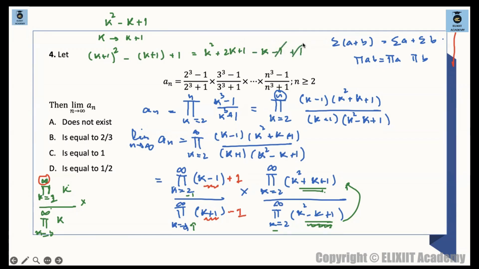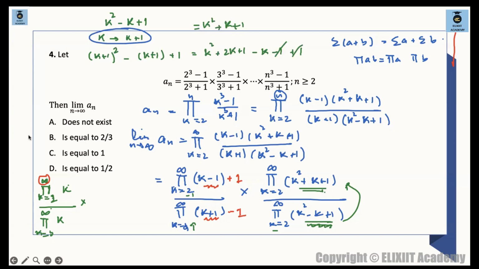So minus 1 plus 1 cancels out. We are left with k square minus k plus k plus 1, which is the same thing which is given in the numerator. Do remember this thing, कि k square minus k plus 1 में, if you replace k by k plus 1, you will obtain k square plus k plus 1. This is a very important simplification actually.